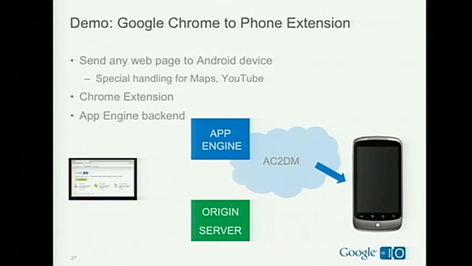The user can then select a notification, or you can disable that and have automatic updates on the phone. And then the Android device will fire up the browser, go to the origin server, and get the latest data. If you want to look at this in more detail, you can go ahead and look at the open source example.